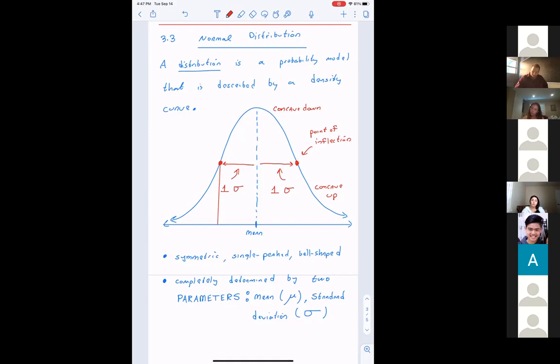If I go 1 standard deviation either direction, I will have under the curve some of the total area, not the entire total area, because I don't have the whole graph here, but I have some of the total of the area.